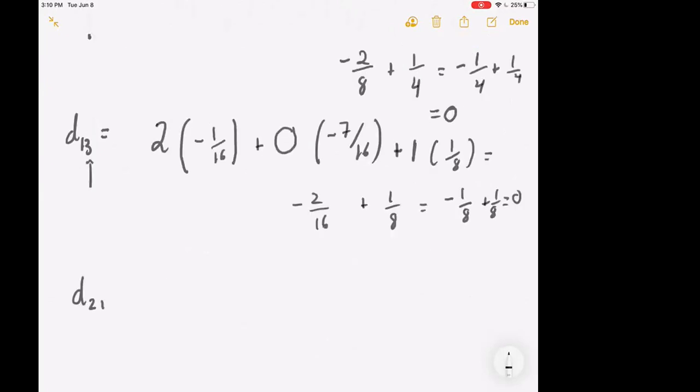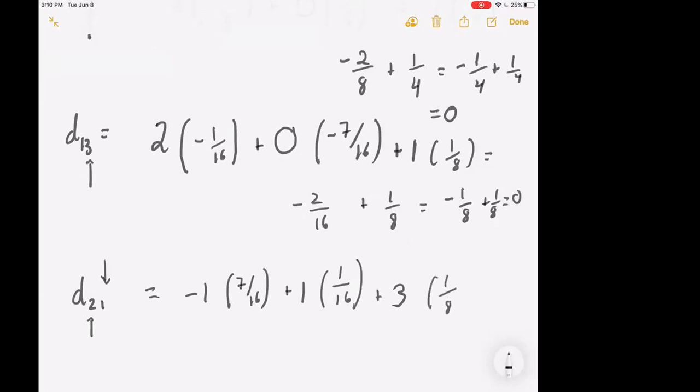I need to now look at the second row of the first matrix and pull out its matrix elements, and they are minus 1, 1, and 3 respectively. And then I have to look at the first column of the second matrix and pull out its matrix elements. They are 7 over 16, 1 over 16, and 1 over 8.